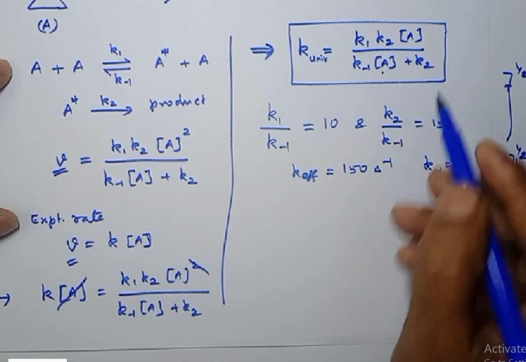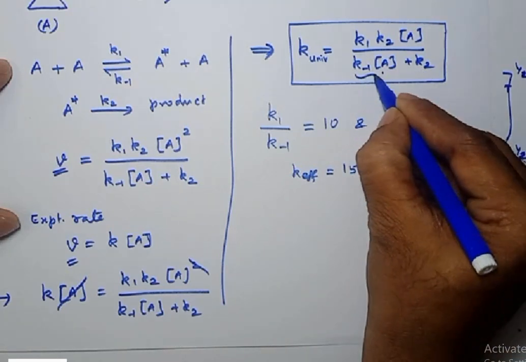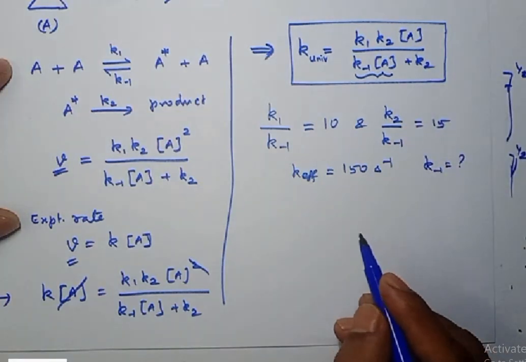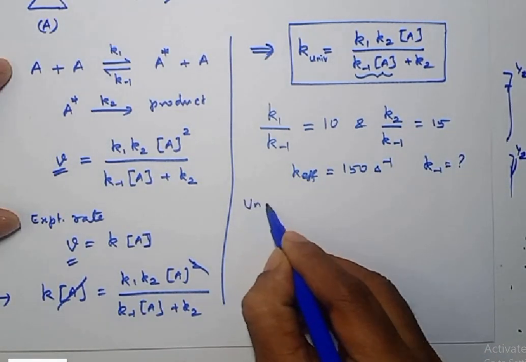When reactant concentration is high, K-1 [A] will be very high compared to K2, so you can neglect K2.